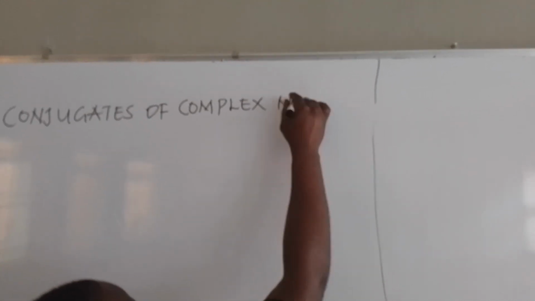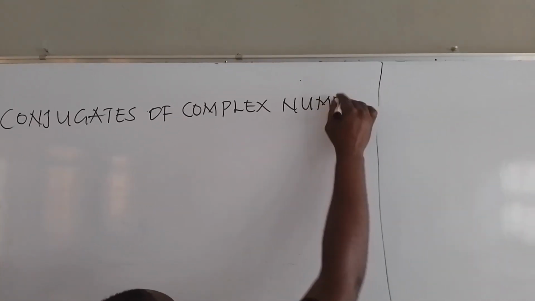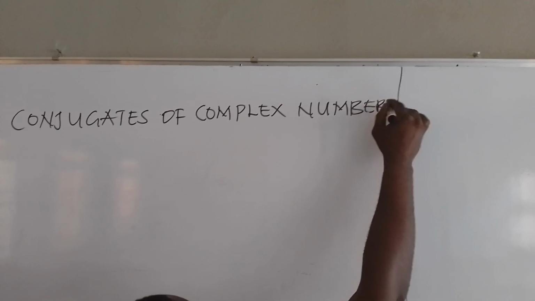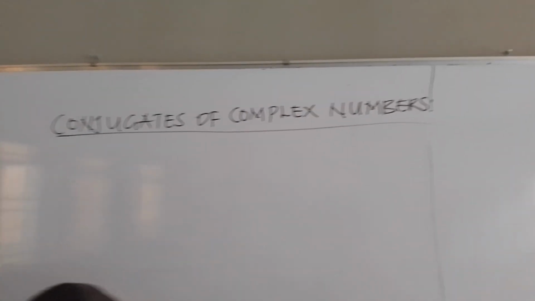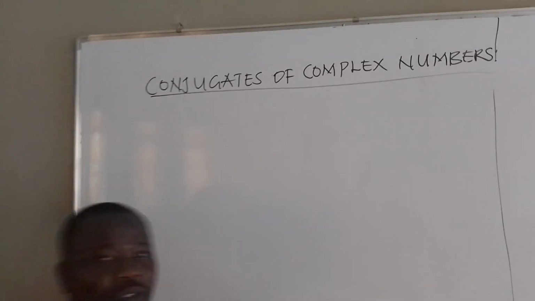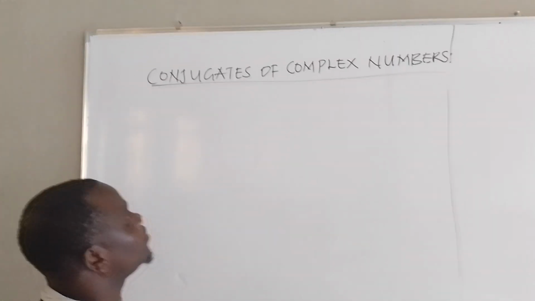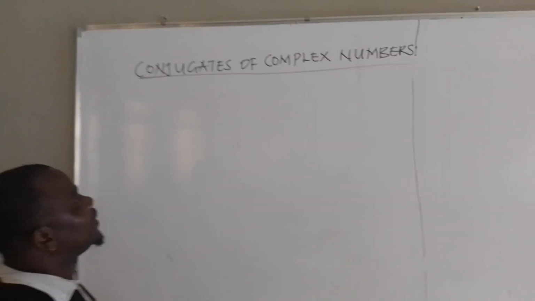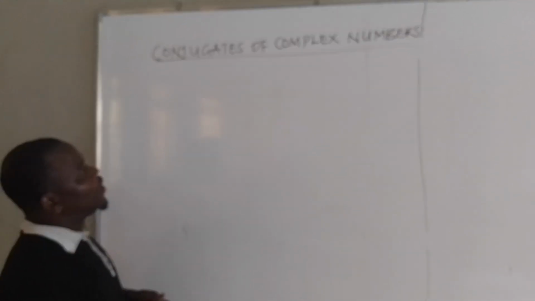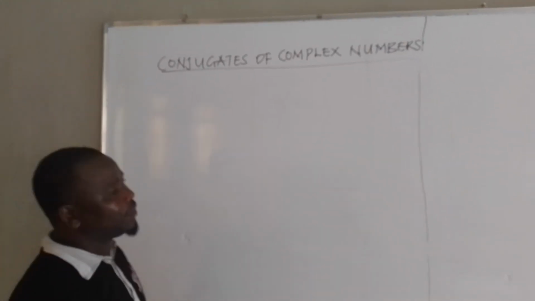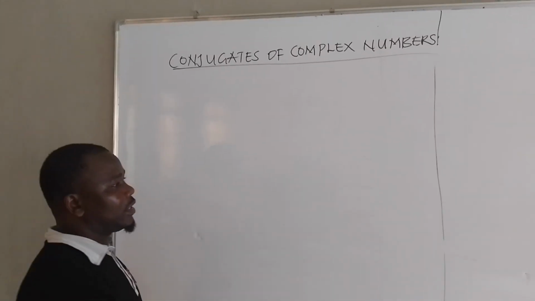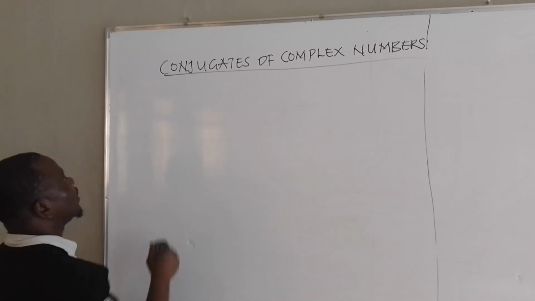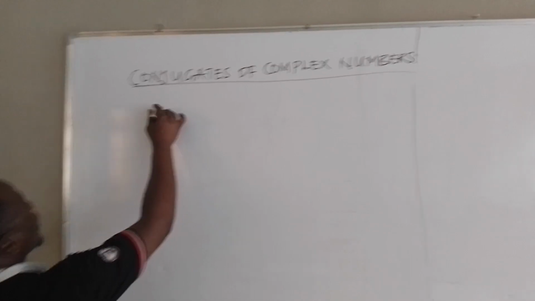When we say conjugate of complex numbers, let us first know the meaning of conjugates. Conjugate is denoted this way.